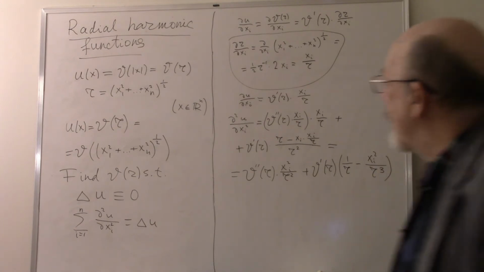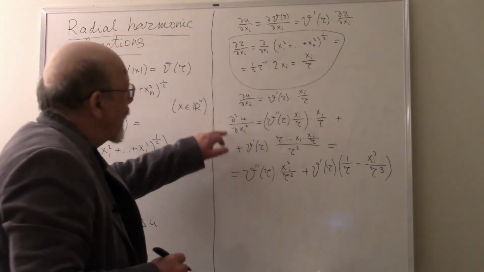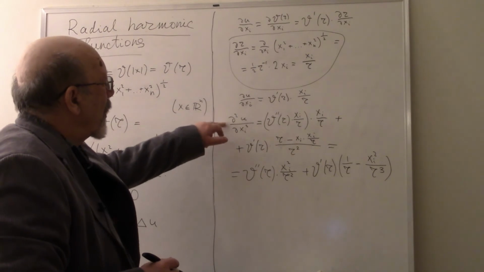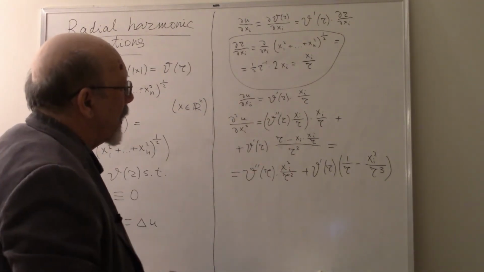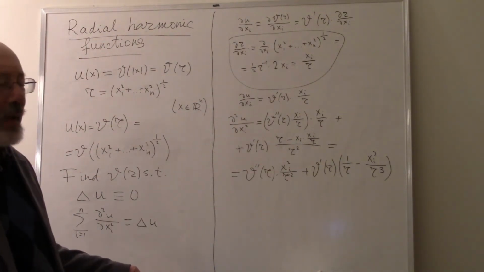And now, so we found one derivative. For all i, they will be the same. The only thing is xi different.